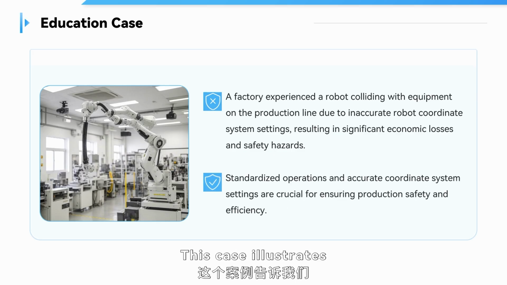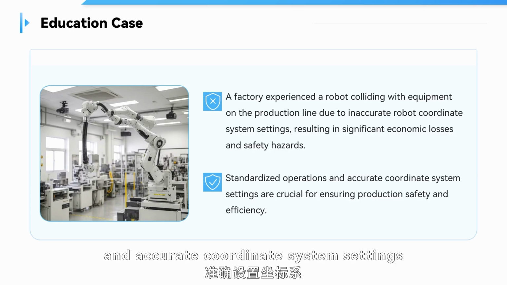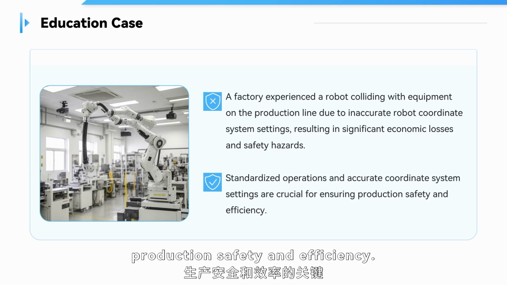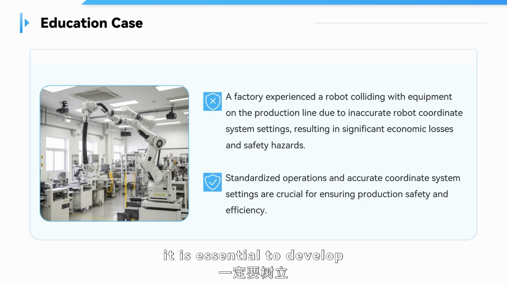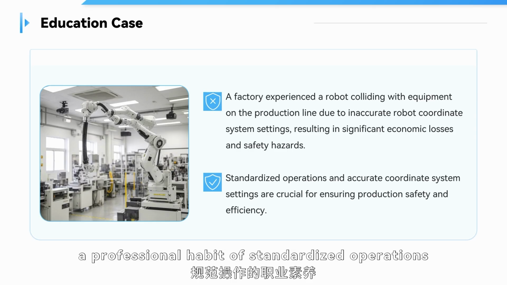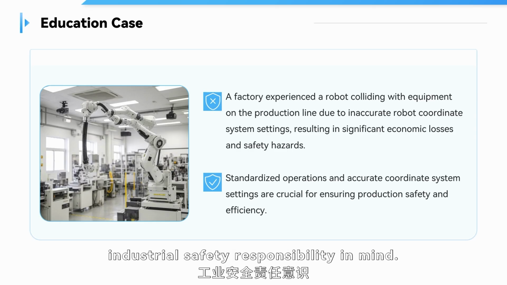This case illustrates that standardized operations and accurate coordinate system settings are crucial for ensuring production safety and efficiency. Therefore, in your studies and future work, it is essential to develop a professional habit of standardized operations and always keep industrial safety responsibility in mind.